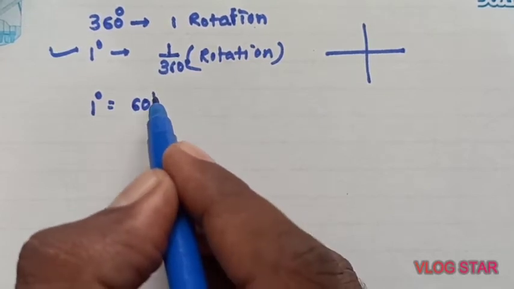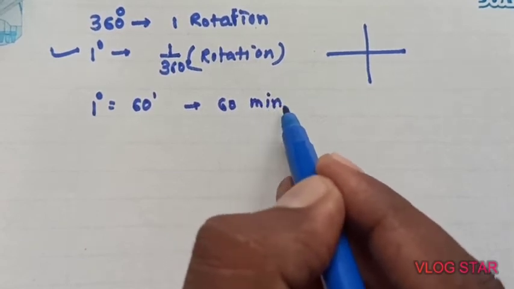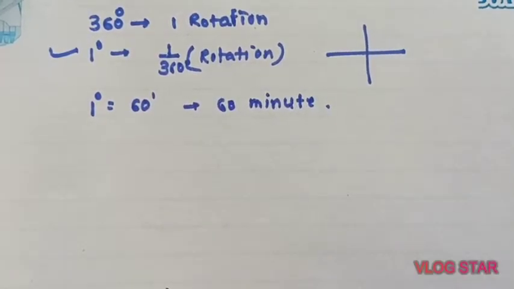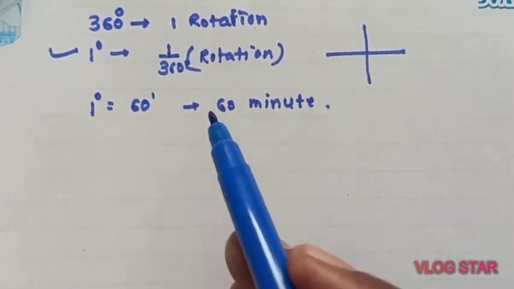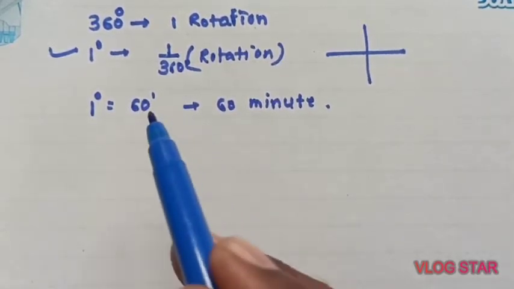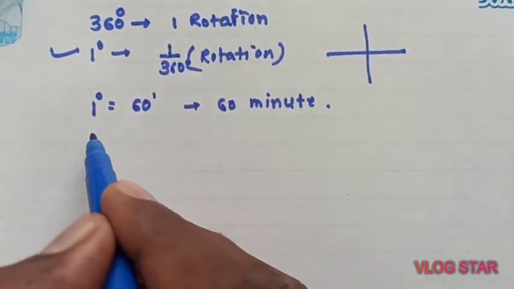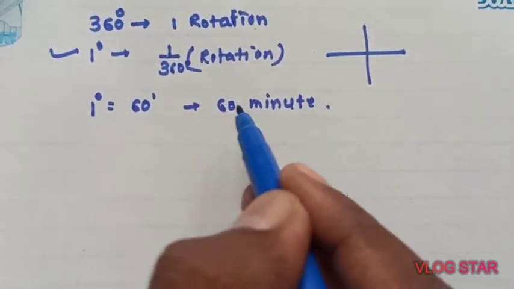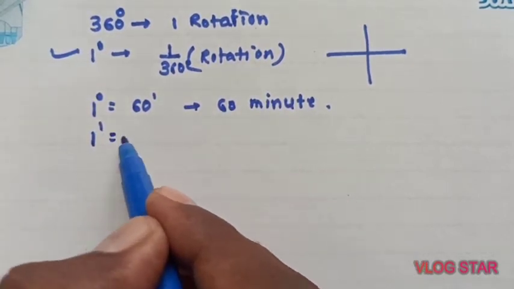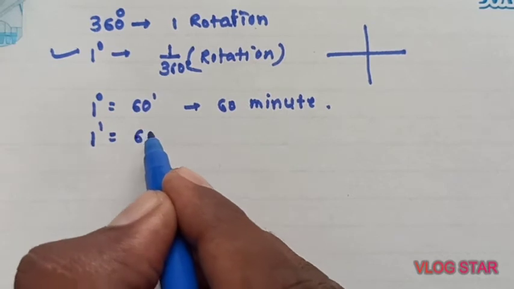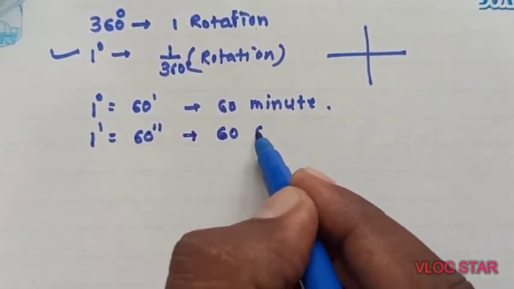A single dash is read as minute. Means 1 degree divided in 60 equal parts, so the value of each part would be 60 minutes. Again smaller than that, 1 minute is equivalent to 60 seconds. A double dash is read as seconds.